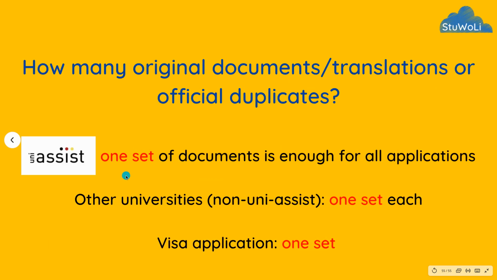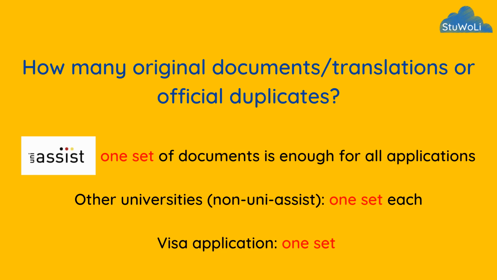All right, now how many of these documents, how many sets of documents do you need? The good thing about UniAssist is that you only need one set of documents. So if you give an official translation of your high school leaving certificate and its transcripts to UniAssist and apply for 5 Studienkollegs through UniAssist, that one set of documents is enough because there is one evaluator sitting there going through all your applications with the documents that you have already provided.